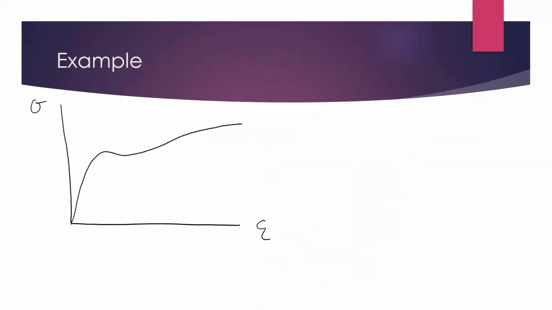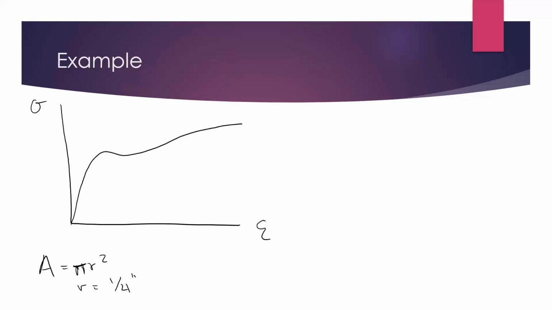So let's do a quick example. This is stress, this is strain. And let's say that our cross-sectional area is pi r squared, so it's a circular area where r is equal to 1/4 inch. So that corresponds to this typical tensile specimen where it has a radius of 1/4 inch or a diameter of 1/2 inch.